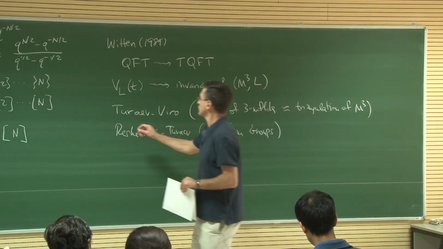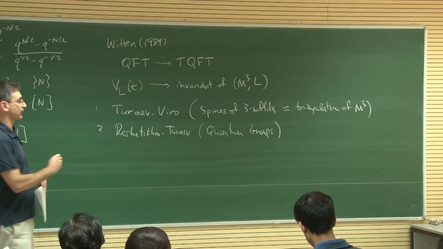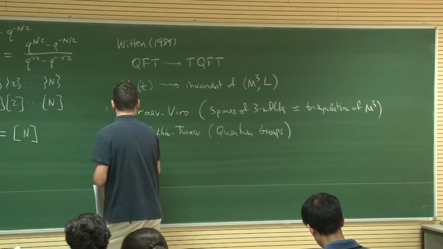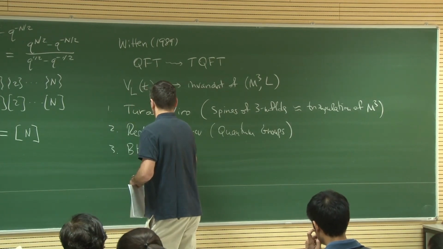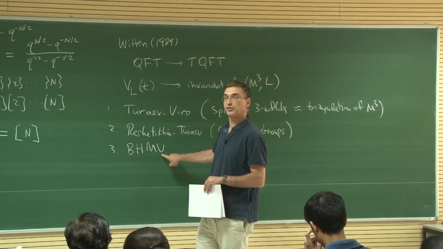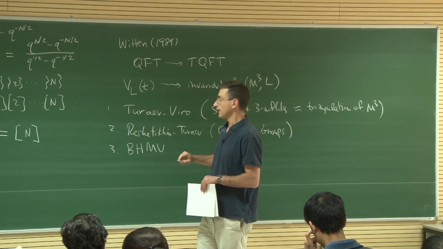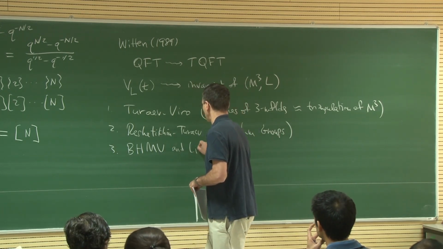So this was one method, two realizations, and then there's a third realization, which was by a French group of mathematicians, Blanchet, Habegger, Masbaum, and Vogel. And then at the same time and separately Lickorish.